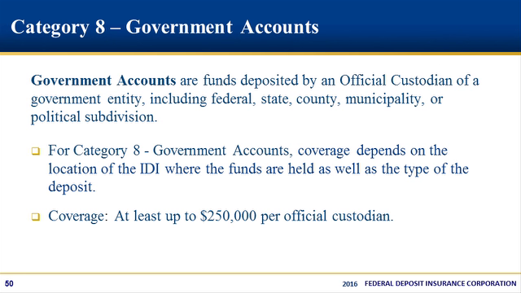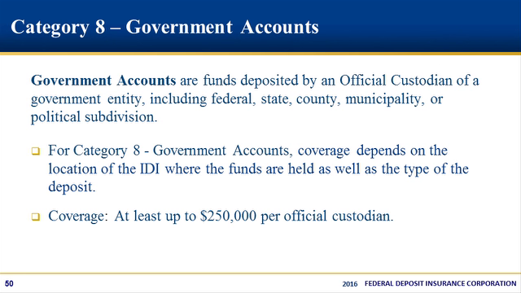A government account is a deposit placed by an official custodian of a government entity, including federal, state, county, municipality, or a political subdivision. Who is considered an official custodian? An official custodian is an appointed or elected official who has plenary authority, including control or decision-making authority over funds in the account owned by the public unit.